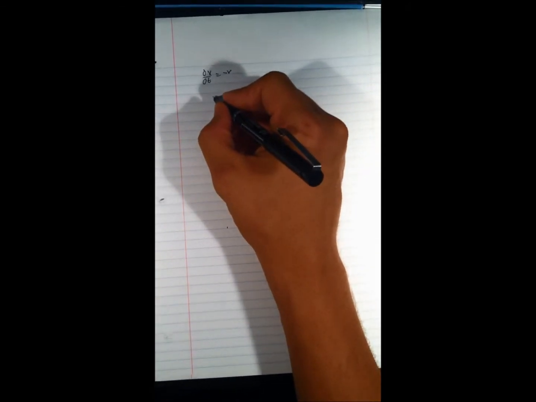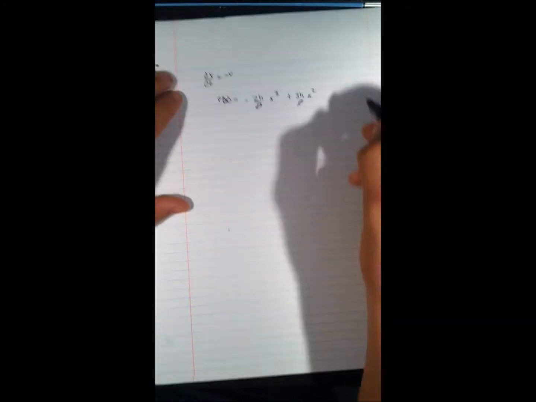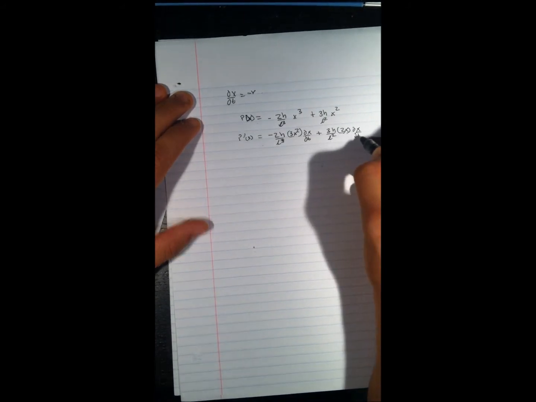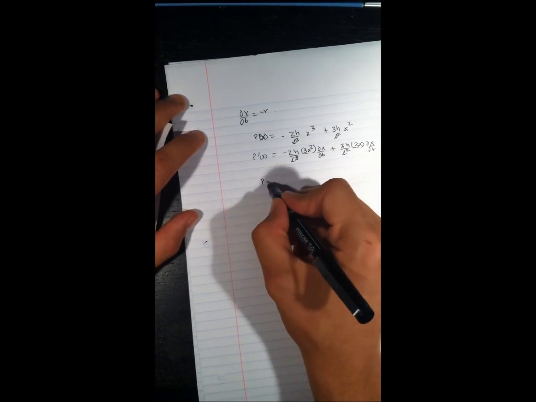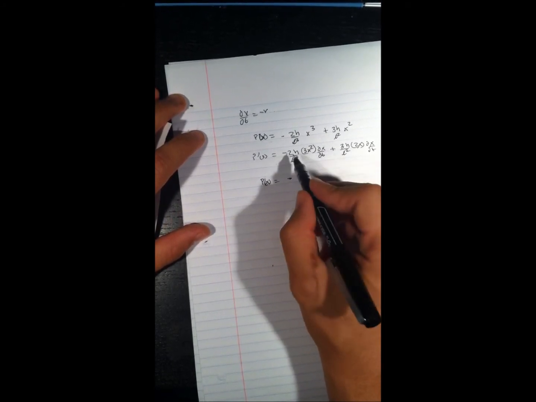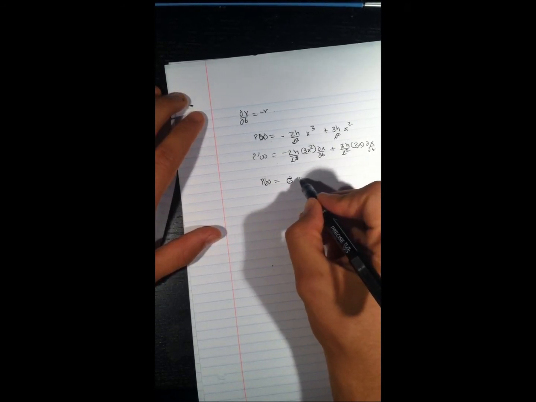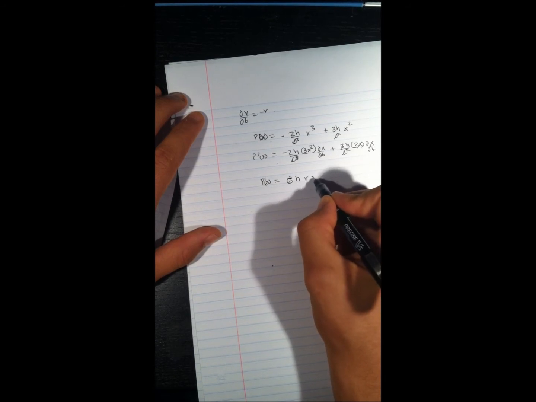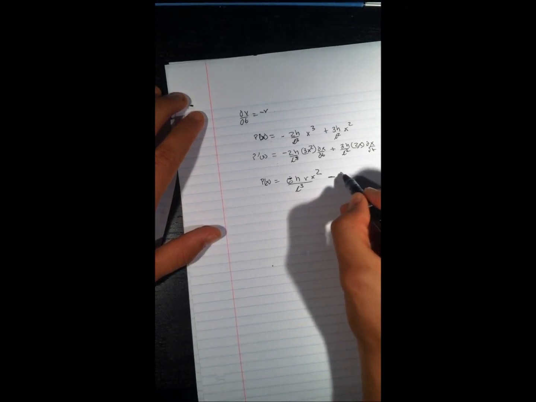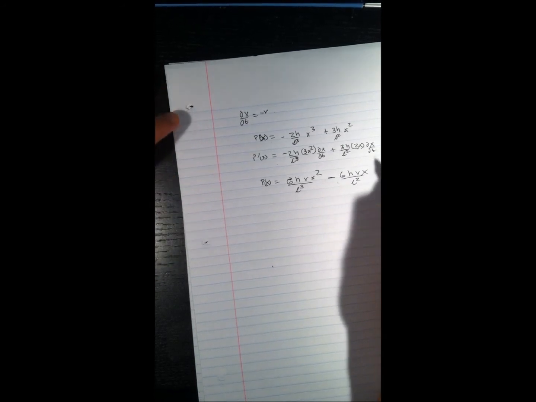So if we start with our function and multiply it out, we get p prime of x is equal to a positive 6hvx squared over L cubed minus 6hvx over L squared.